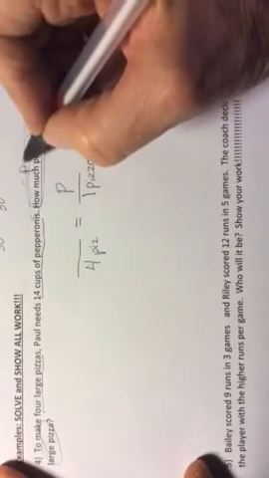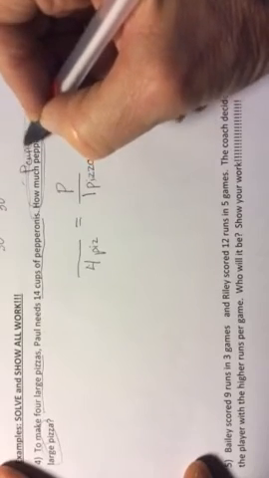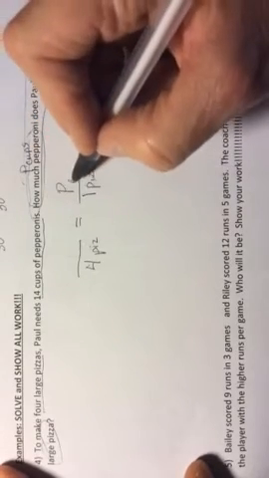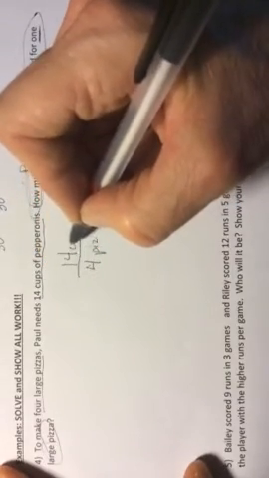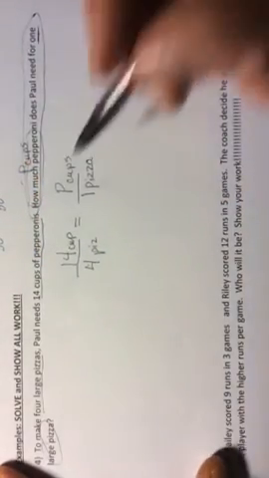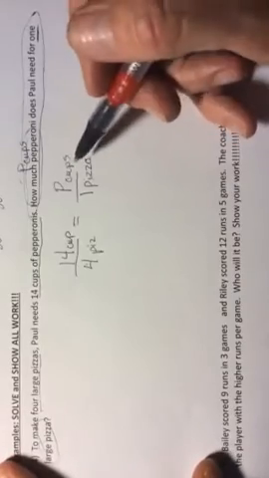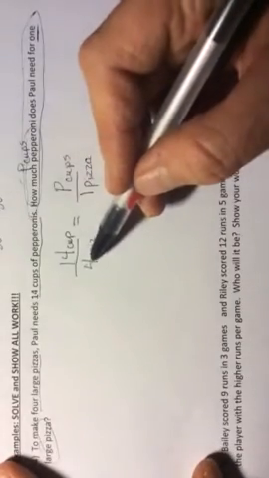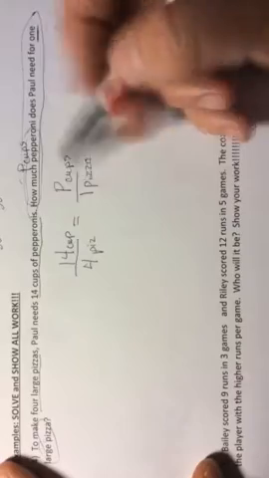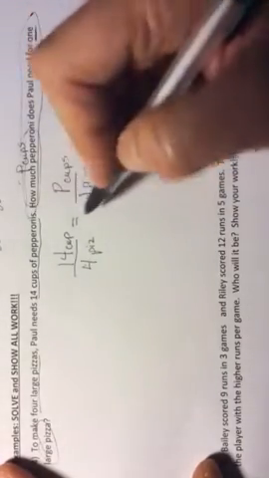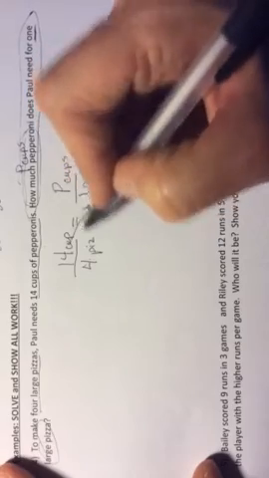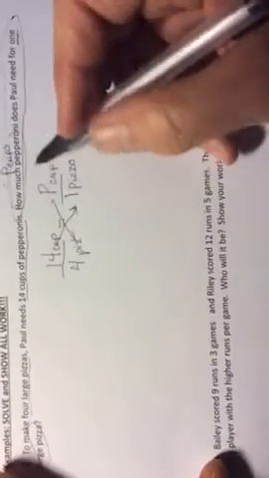How much pepperoni, we're going to say P cups, because it does say cups. There's 14 cups of pepperoni. So in order to solve this, of course, we can just say, well, what would I do to 4 to get 1? I can divide by 4, and then I could divide by 4 here and figure it out. Or we could cross multiply. So I'm just going to cross multiply here so we get used to doing that.